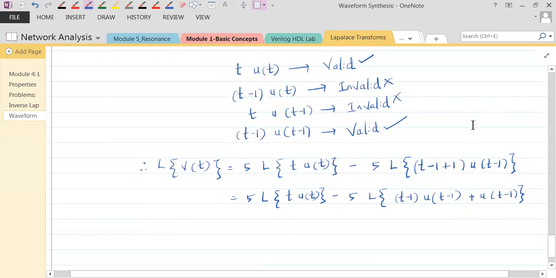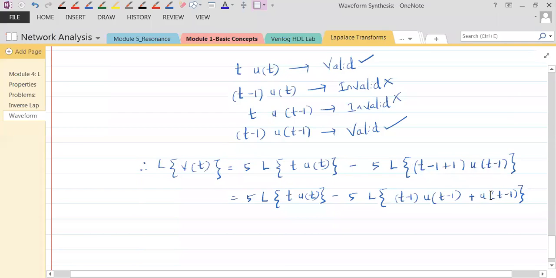See, how did we write this as this? You should understand. See, which is the common point in these two? U of t minus 1 is common, right? So if you take u of t minus 1 out, what would be left within the bracket? T minus 1 plus 1. Everybody understand that? So this looks a little confusing, but if you observe it carefully, I have written this particular wave as this particular expression.